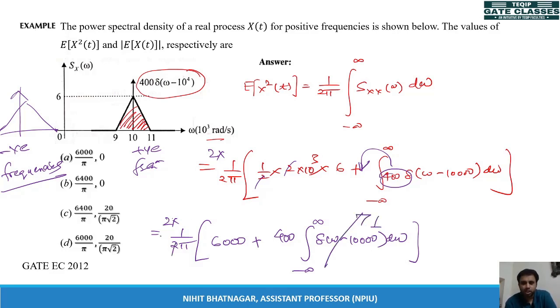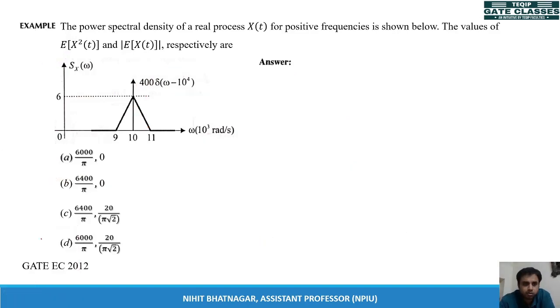So the 2 cancels the half, and it becomes 6,000 plus 400, that is 6,400. So the expectation of x²(t) is equal to 6,400 by π, that is 64 by π. The mean value is 0 and this value is 64 by π. So the correct answer of this question is option B.